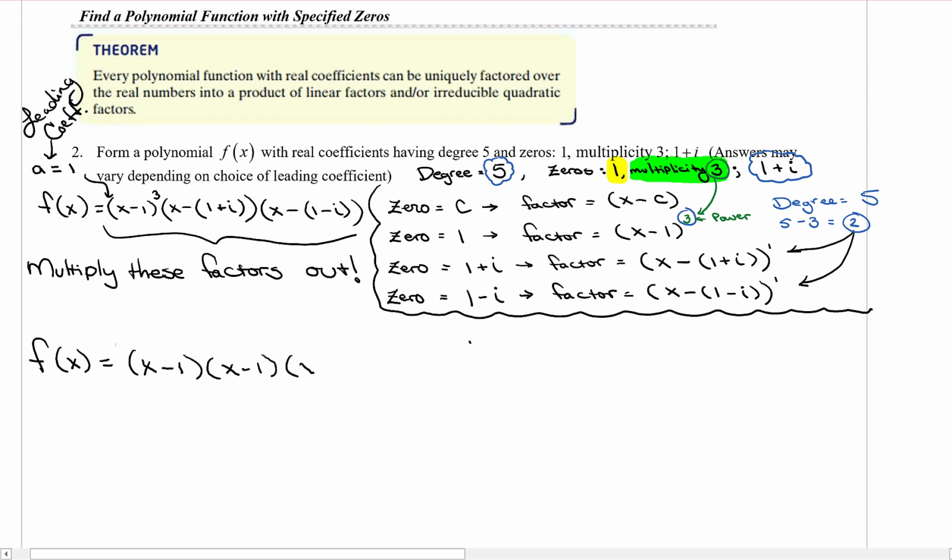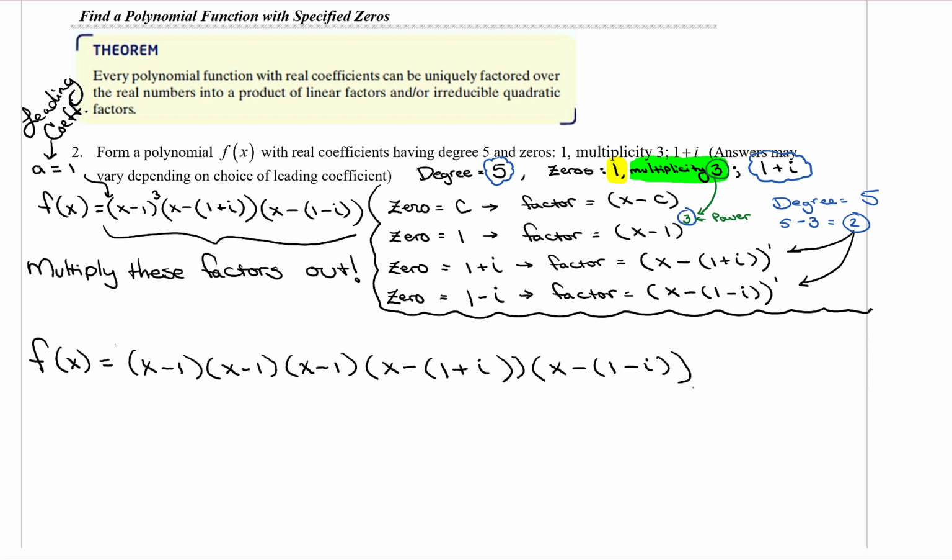x minus 1 times x minus 1 times x minus 1 times x minus the quantity 1 plus i times x minus the quantity 1 minus i. All right, let's start off with multiplying the x minus 1s. We do ultimately want to multiply all three of those x minus 1s out, right?